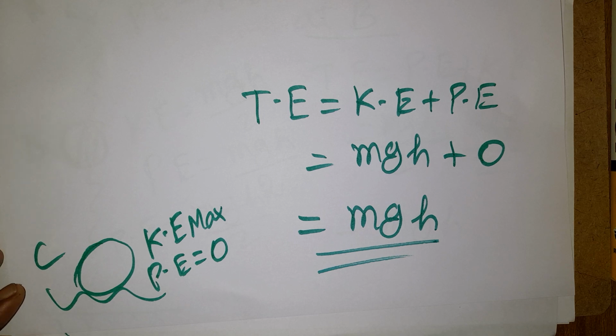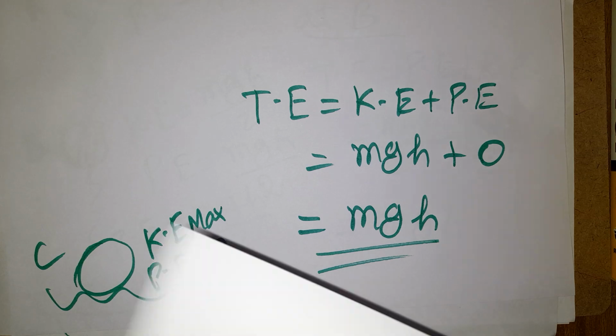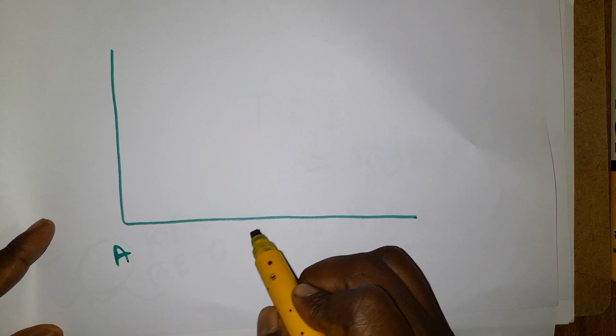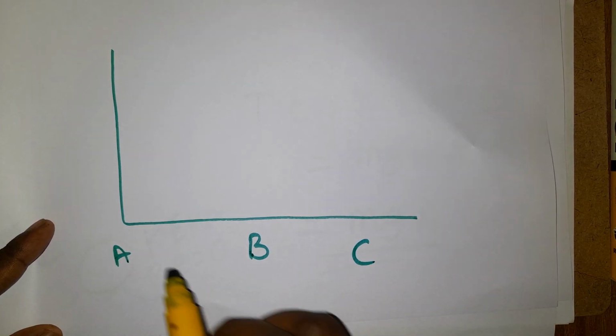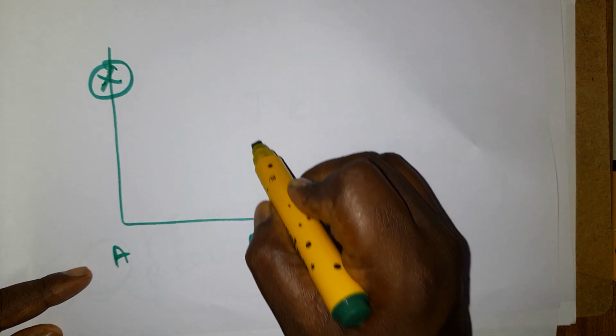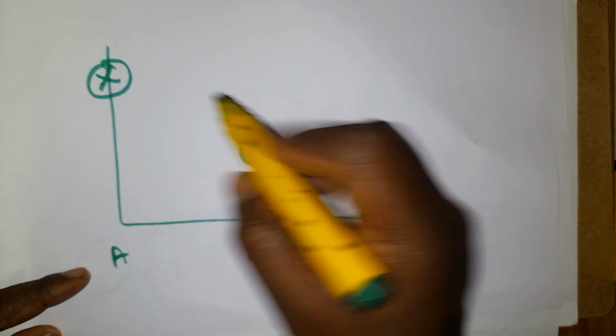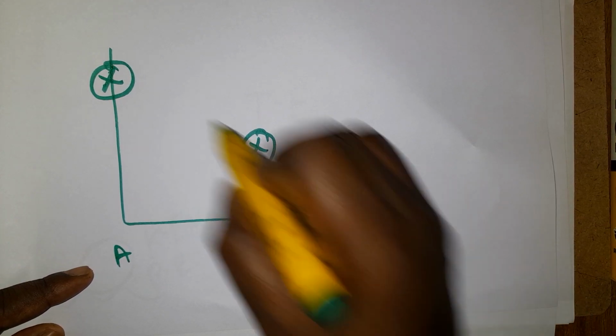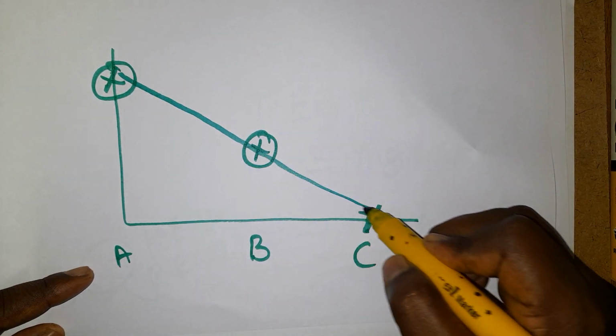Okay, now we'll do the graph. Same points, same equation, I have taken like this: A, B, C. At A, what about potential energy? Maximum. B, exactly half. C, it is 0 potential energy.